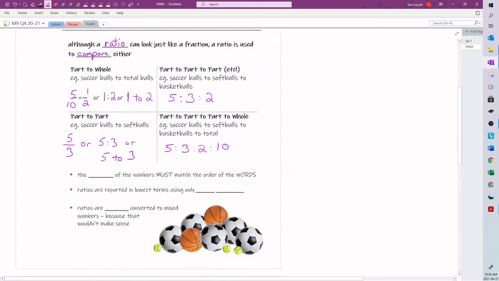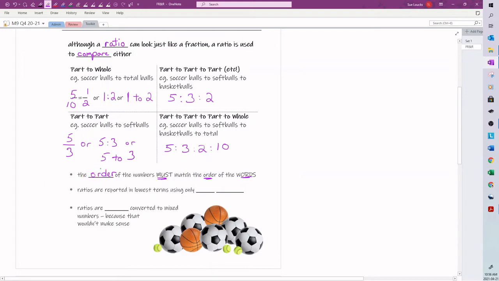Notice that the order that I wrote the numbers in always matched the order that the words were in the description. So the order of the numbers must match the order of the words, okay? It absolutely has to, or else it's just a string of numbers that don't mean anything.